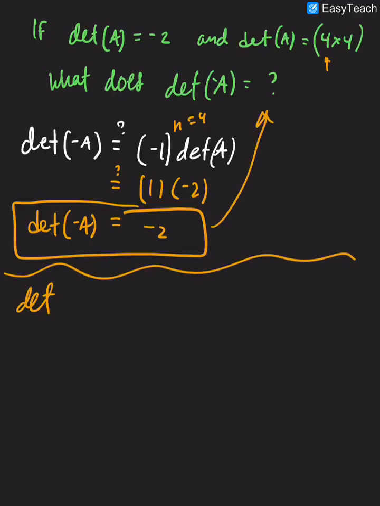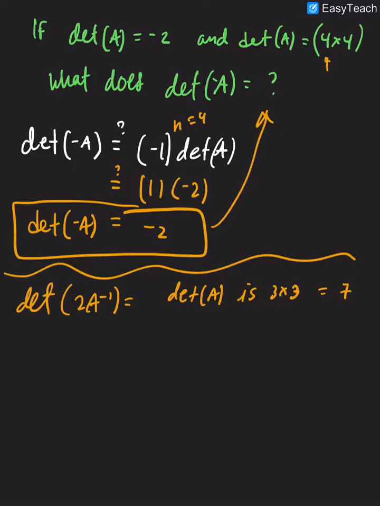Okay, let's see this next one. So let's separate that. Determinant of 2A inverse. So if the determinant of A is a 3 by 3, and that 3 by 3 is equal to 7, what does the determinant of 2A inverse equal?